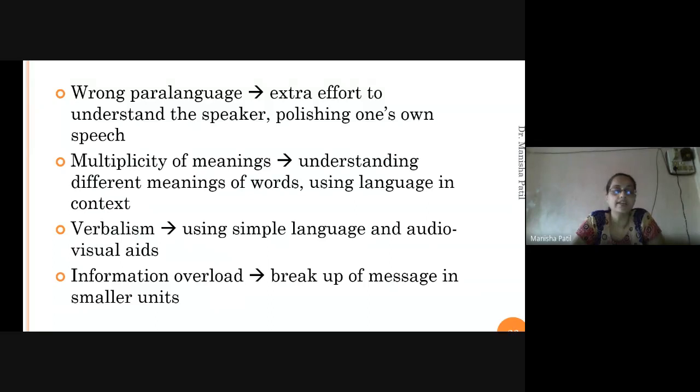And the last one, information overload. To overcome information overload, you have to break up the message in smaller units. So here you can see it is slide number 23. Instead of one slide, I'm having around 40 slides. So what I'm doing, I'm breaking up the message in smaller units.